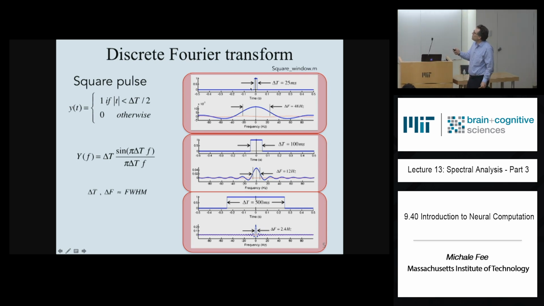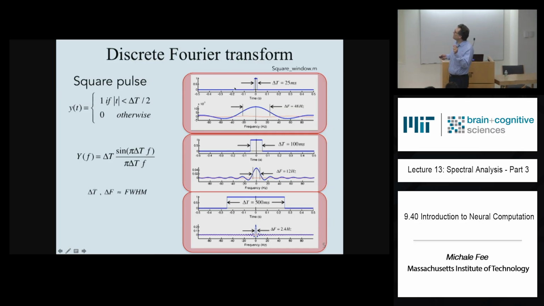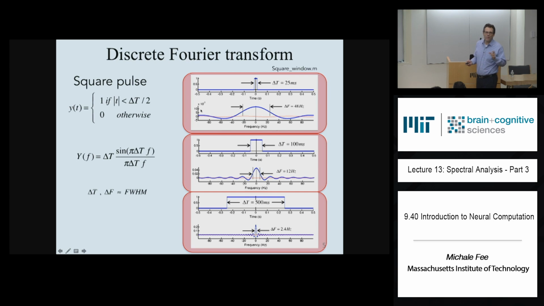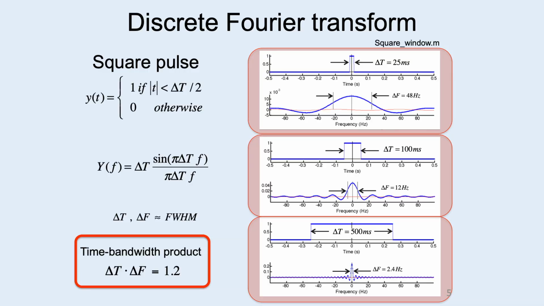Up here, if we look at the Fourier transform of a square pulse that's 25 milliseconds long, then the Fourier transform is again a sinc function, and the width of that central lobe is 48 hertz. So you can see that the width in the time domain and the width in the frequency domain are inversely related. The product of the width in the time domain and the width in the frequency domain is constant, and that constant is called the time-bandwidth product of that signal.